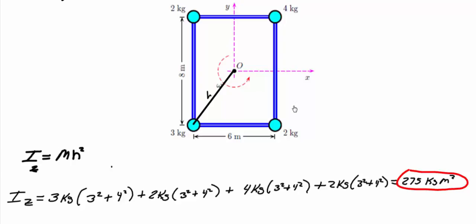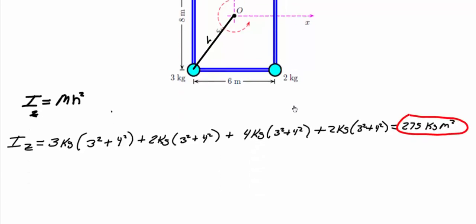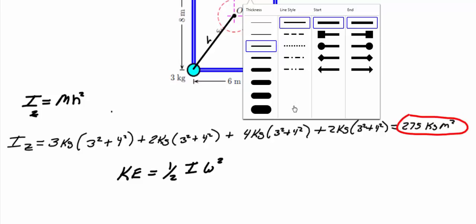Now to find the kinetic energy, we know the kinetic energy is again going to be 1/2 times I times omega squared.